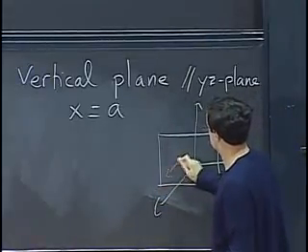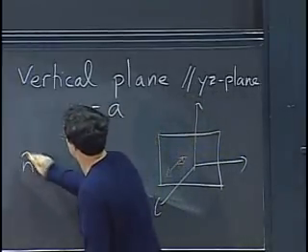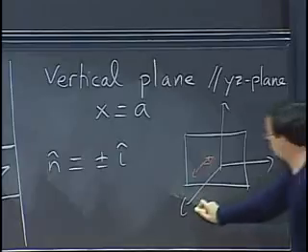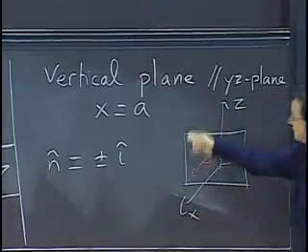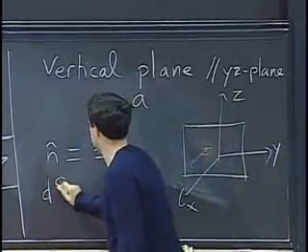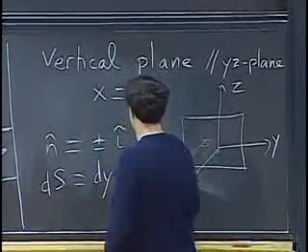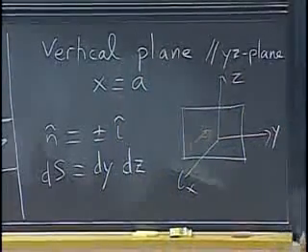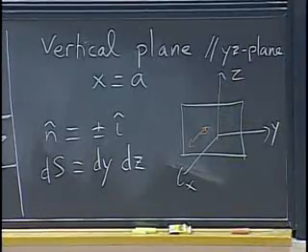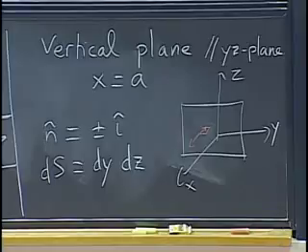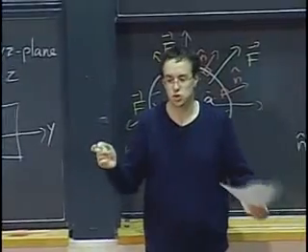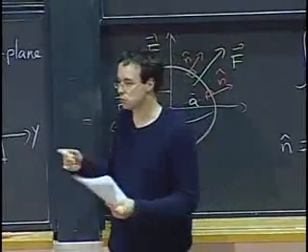Let's say I'm having it come to the front. Then the normal vector would be plus or minus i. And the variables that I would be using to find out my position on this would be y and z. In terms of those, the surface element is just dy dz. Similarly for planes parallel to the xz plane, I'm sure you can figure that one out. Okay. So these are somehow the easiest ones, because those we already know how to compute without too much trouble.